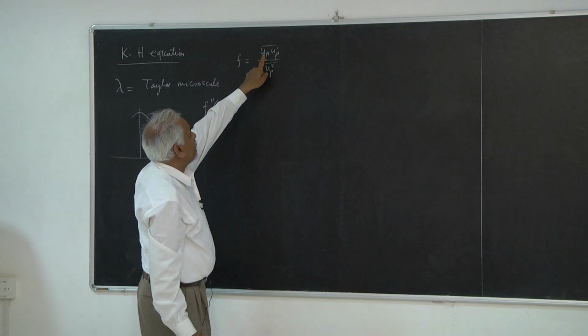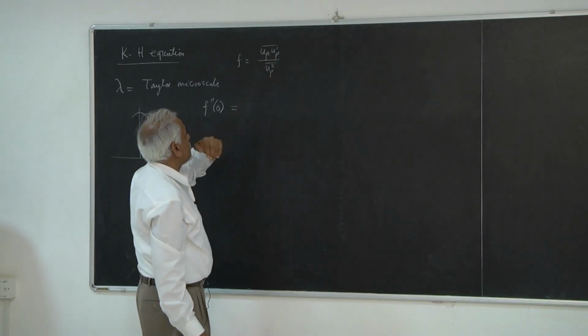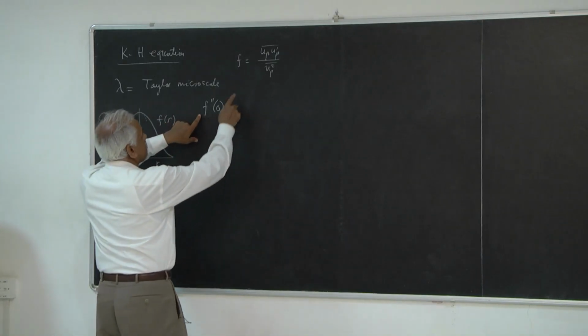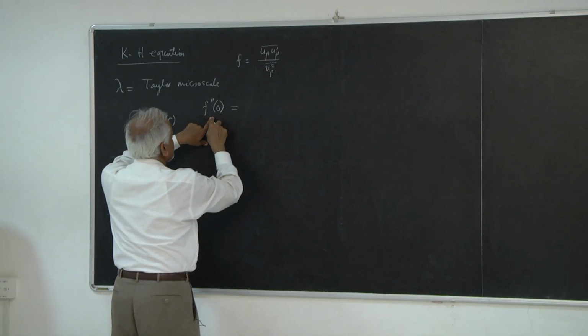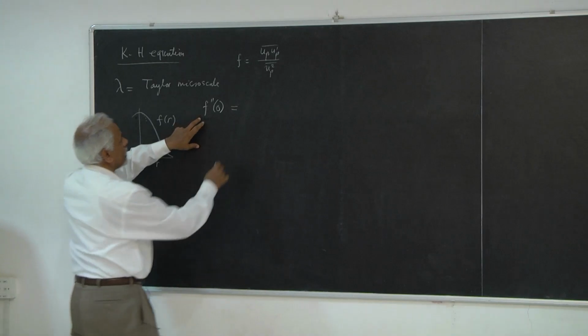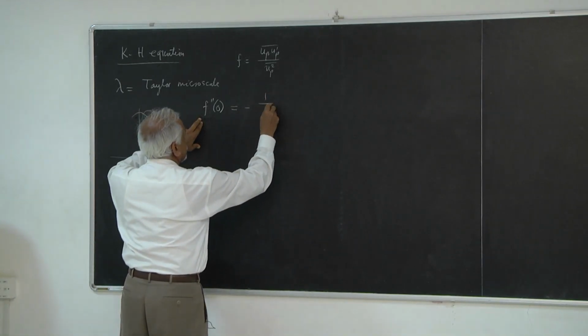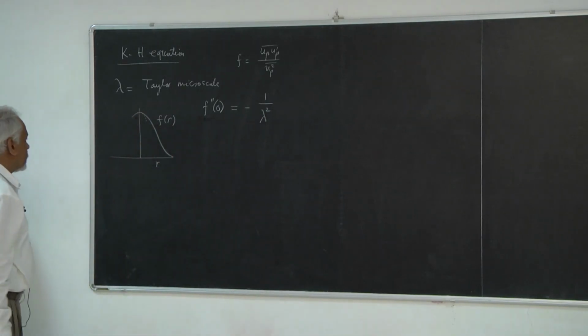So when the two points are the same, then u_p squared over u_p squared just gives you 1. So it's a non-dimensional quantity, and f double prime has a dimension 1 over length squared, and it's also negative. So we just put this as 1 over lambda squared, and that was how we defined it.